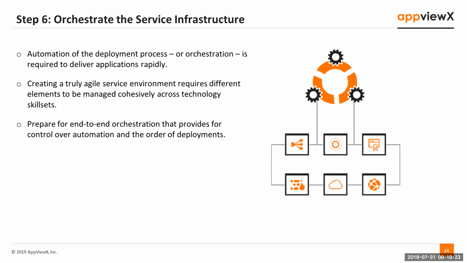Many environments don't talk security-related aspects. So the ability to manage those cohesively across the technology skill sets in a meaningful way really helps to facilitate a truly agile service environment, and prepare for end-to-end orchestration that provides for control over automation and other deployments.